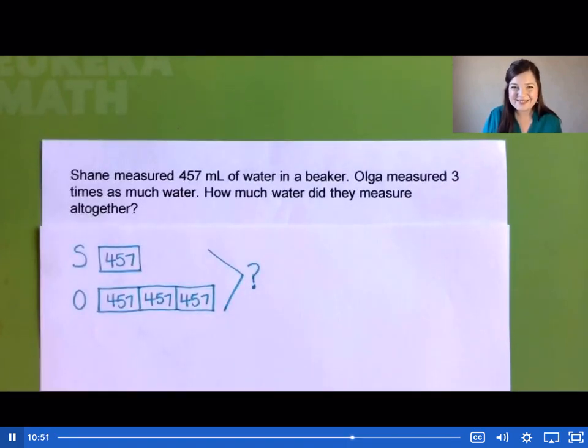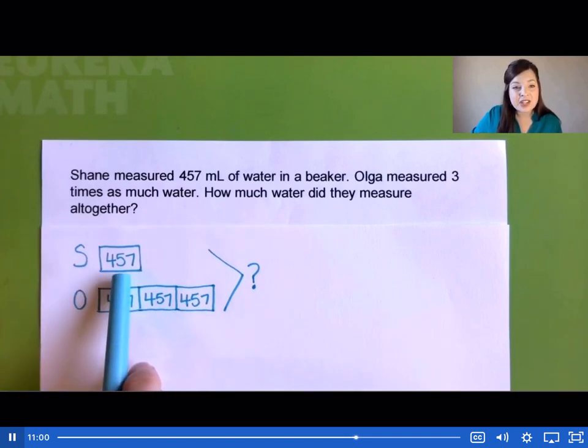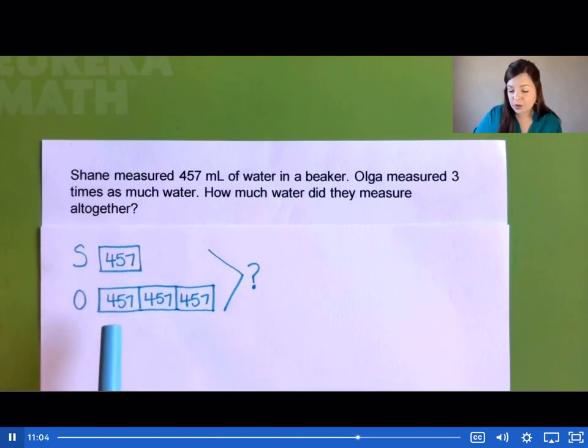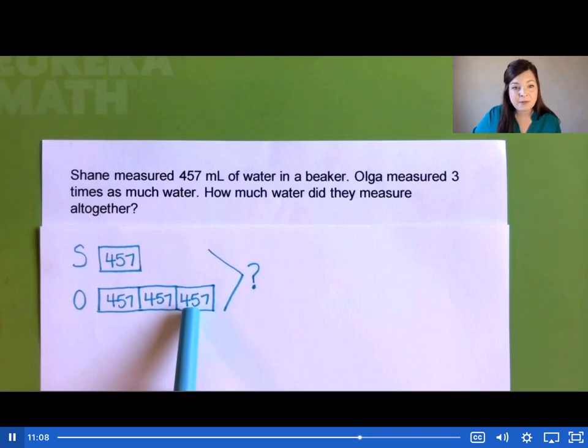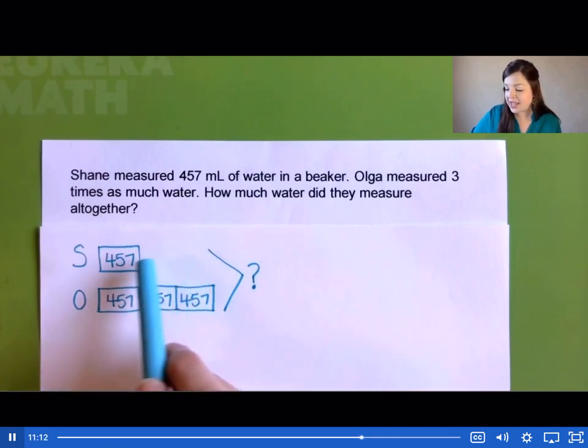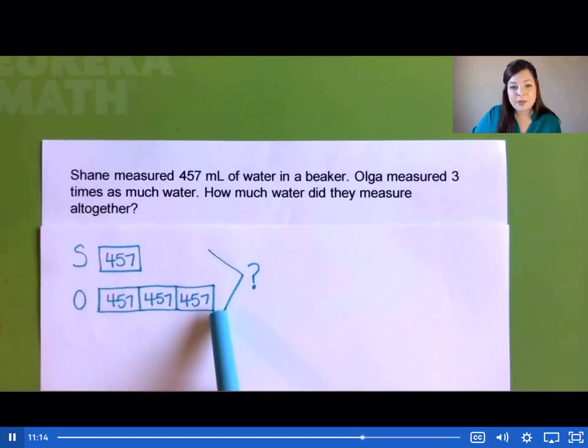Welcome back. Does your tape diagram look similar to mine? In the tape diagram, we can see the amount of water that Shane measured, which is 457 milliliters, and we can see that Olga measured 3 times as much, or 3 units of 457. And we're looking for the value of both tapes, which is labeled here with a bracket out to the side.